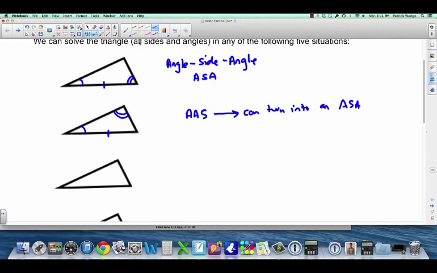Okay, and just to make it crystal clear, I'll write where this angle is here. I'll put confined since the 3 angles add to 180 degrees. And remember, that's true in every triangle, not just right angle triangles, every single triangle.